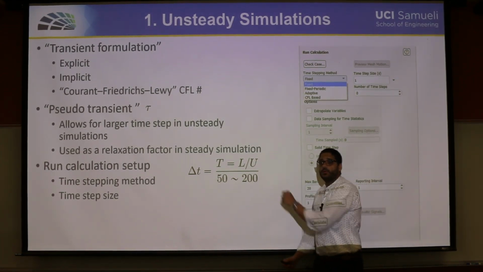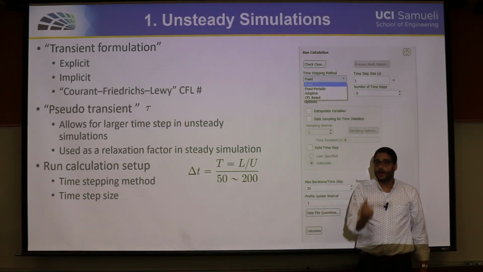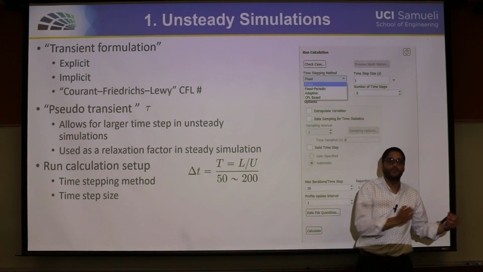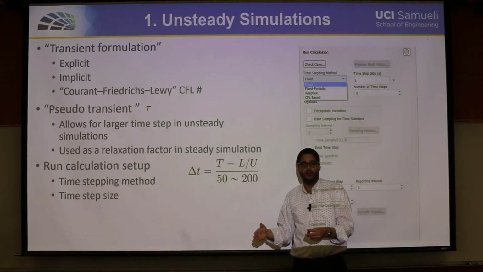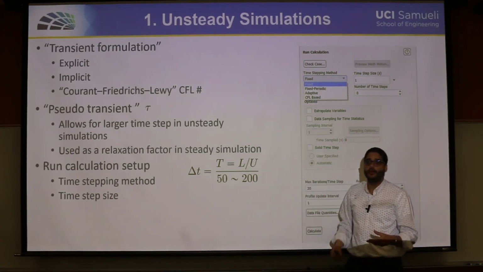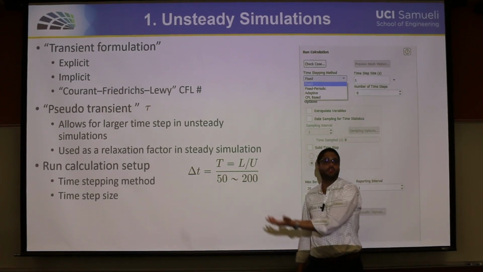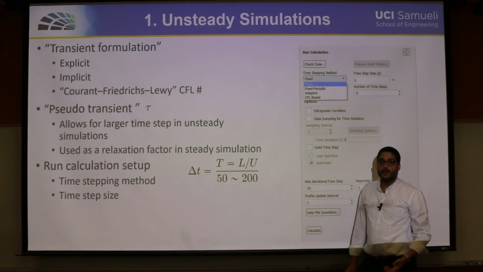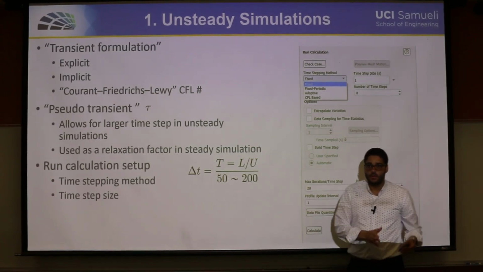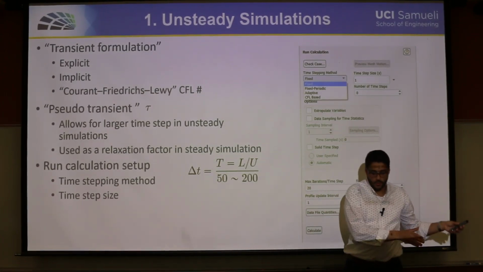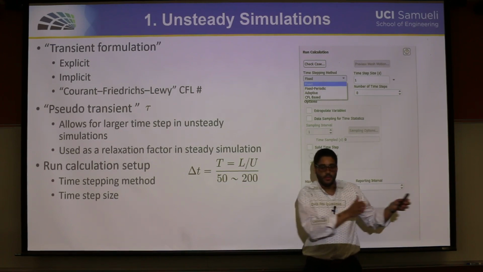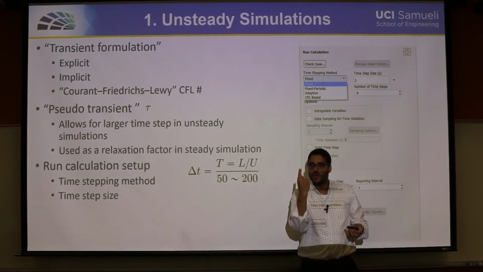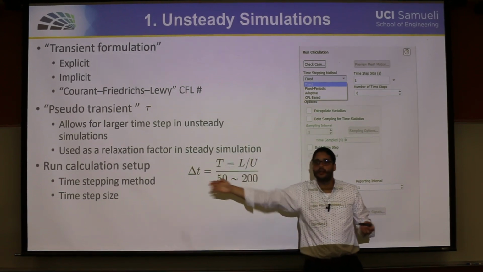When we do that, we find the time needed for that body, as if it were to move one characteristic length. So for example, if we have a free stream of 5 meters per second and the characteristic length is just 1 meter, this means that our body needs 0.2 seconds just to move 1 meter based on that speed, okay?